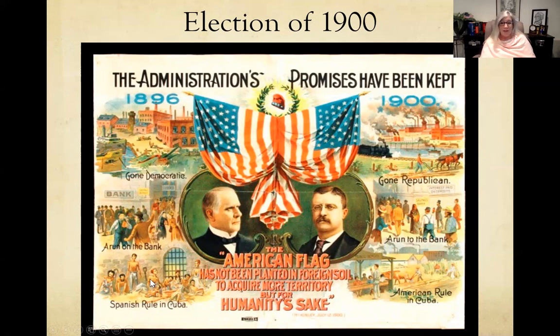Foreign policy wise, we haven't gotten into this yet, but there's a lot of trouble that's brewing in the Spanish colonies in the Caribbean. So then it's saying the promises that have been kept. So now that he's been in office for 4 years, you can see that there's a thriving business that's going on.